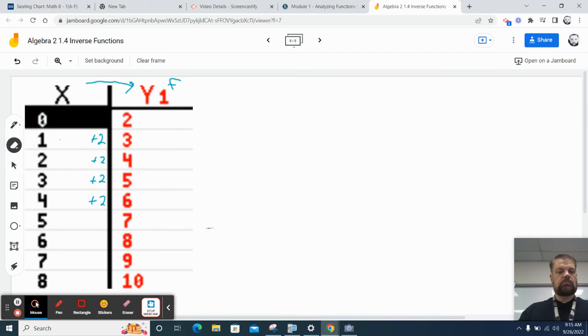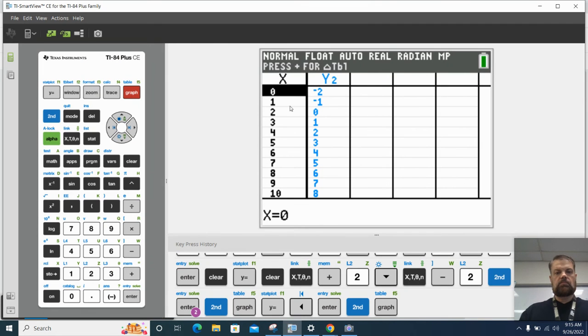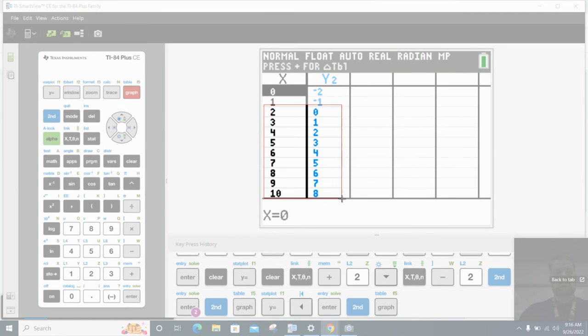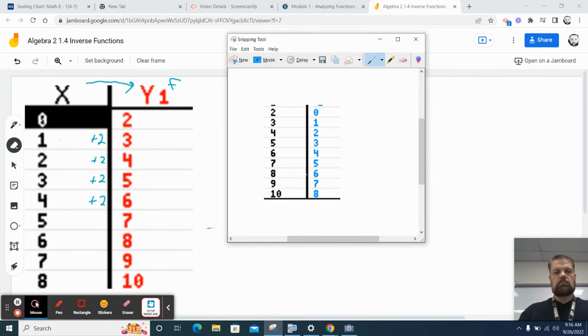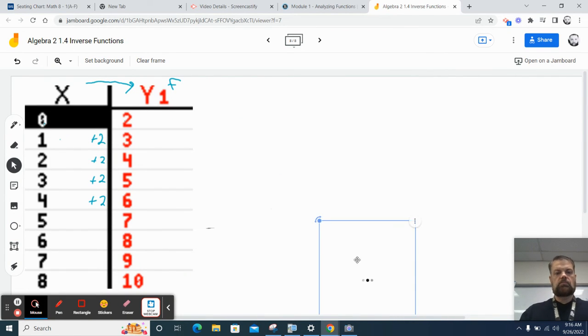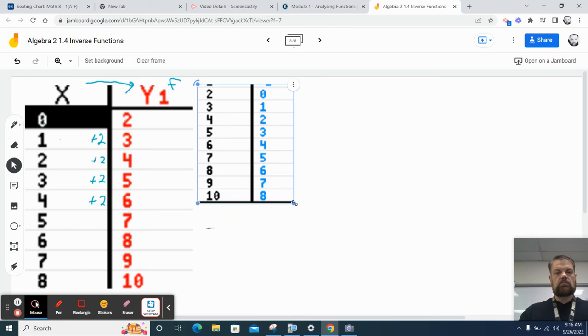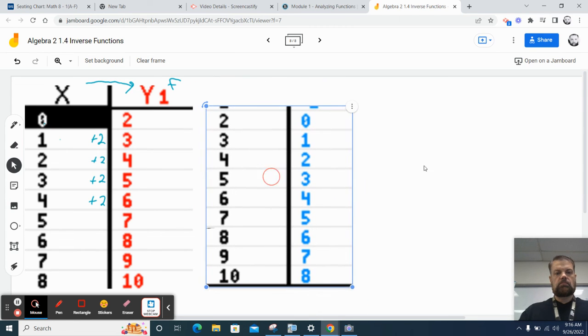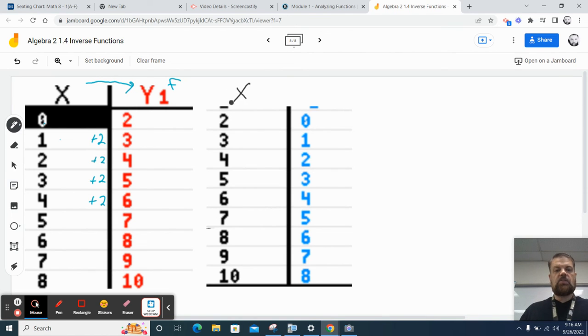Two to 10. So this is my X value here. And this is my F inverse.